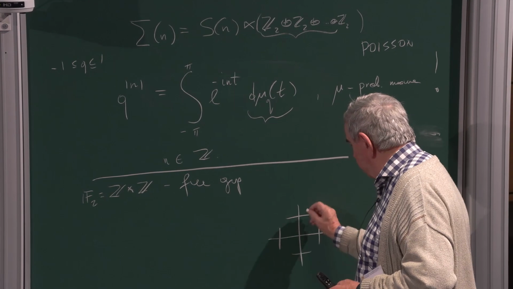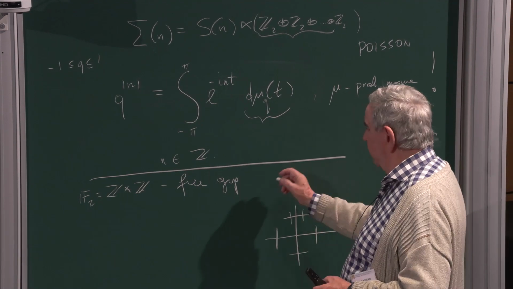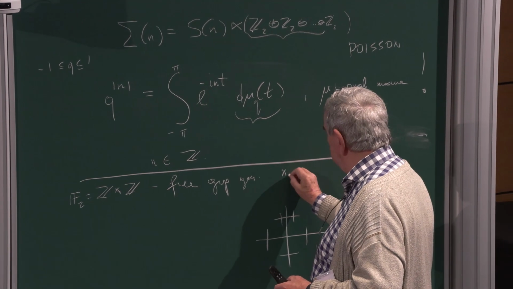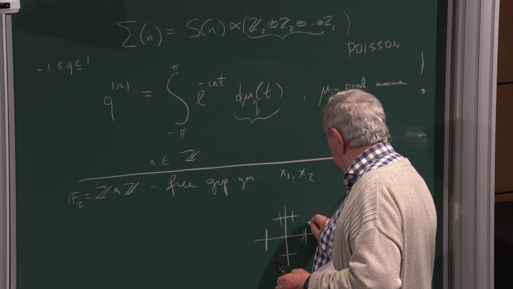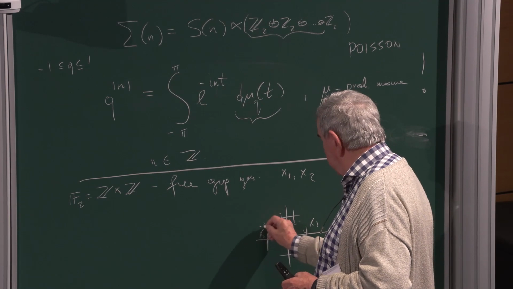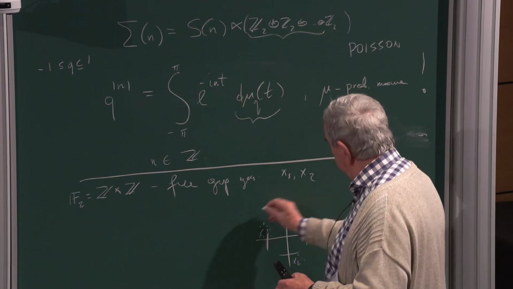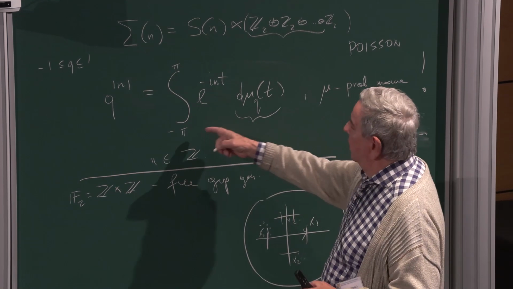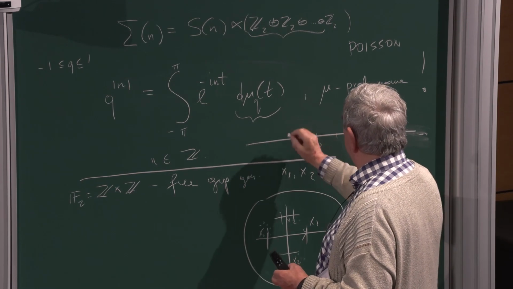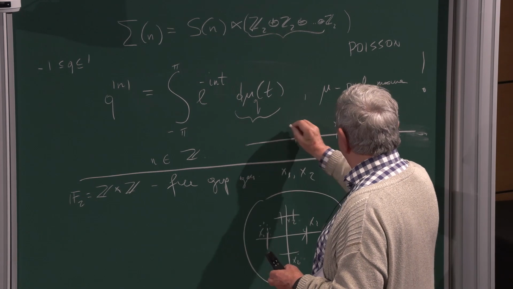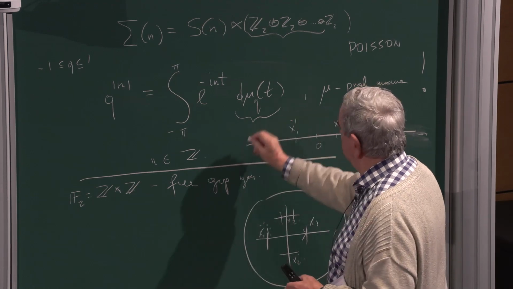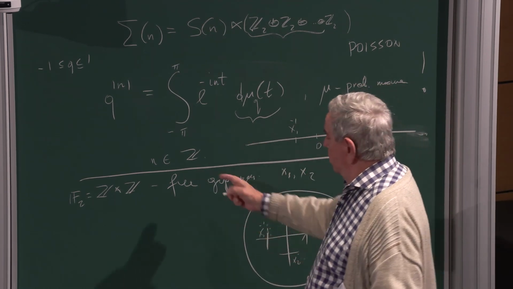We usually draw it like this. This is such a beautiful tree. The free group generated by two generators, let's say x1, x2. So here is x1, this is x2, x minus 1, and so on. So this is a homogeneous tree; for one generator, this is the classical line, 0, 1, minus 1, with generator x1, x minus 1, and so on. This is one generator, this is two and more.